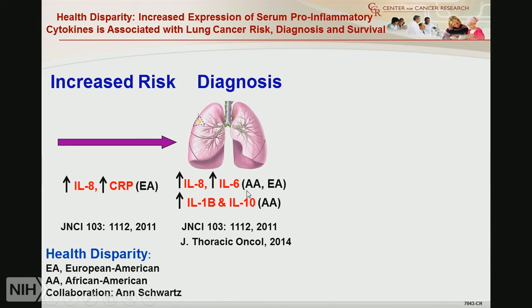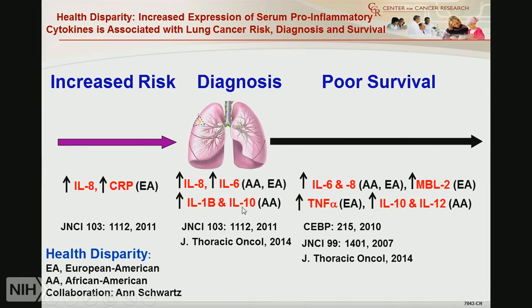In our later studies, we've been able to look at about equal numbers of European Americans and Afro-Americans. However, the Afro-Americans had two other cytokines that were increased, interleukin-1 beta, which is a pro-inflammatory cytokine, and IL-10, which is an anti-inflammatory cytokine.